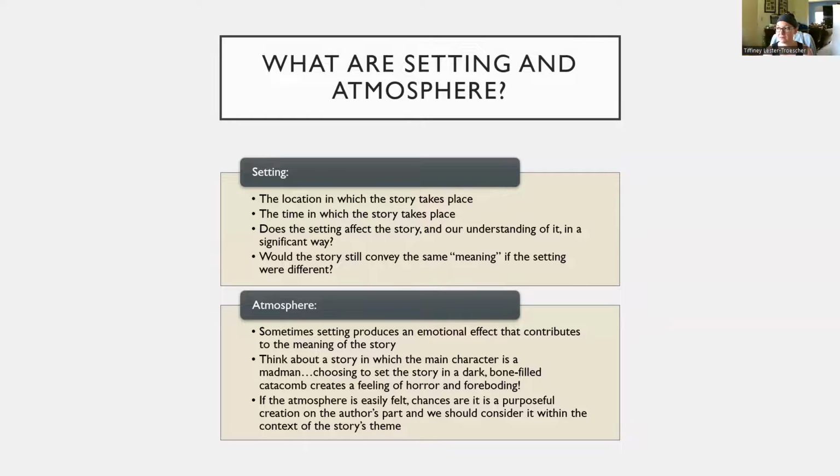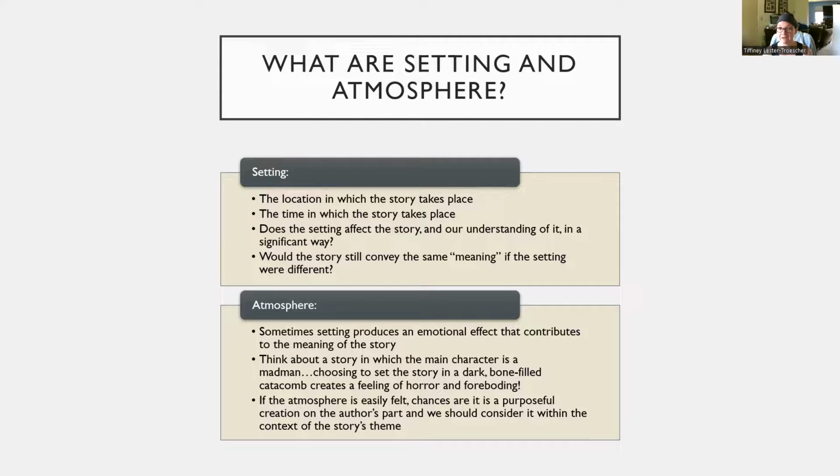Setting plays a huge role in The Story of an Hour. It plays a very interesting role in Hills Like White Elephants. It's an interesting component of The Lottery. It's a very important component of Everyday Use. And it's a pretty darn important component of Sound of Speech as well.